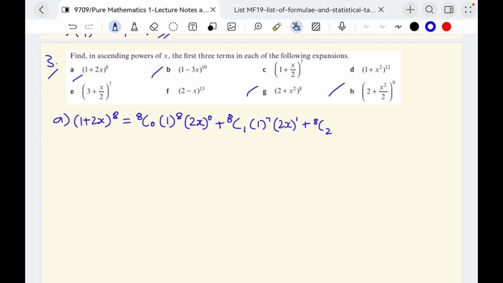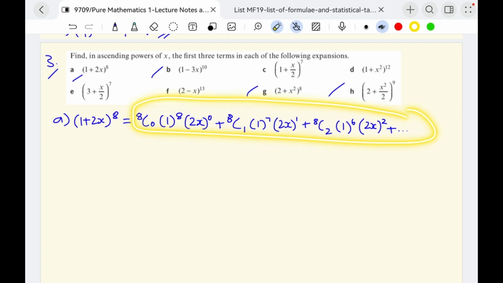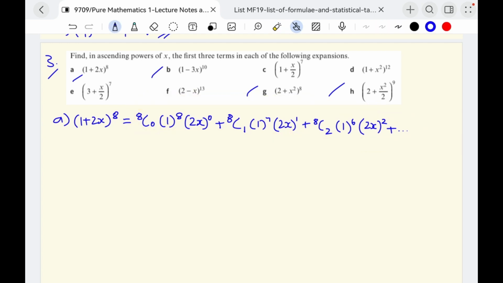For 8C2, do the same thing: 1 to the power of 6, 2x to the power of 2. And don't forget to write the 3 dots, because the first 3 terms are only part of the full expansion. You don't have to write all of the expansion, because that is troublesome.